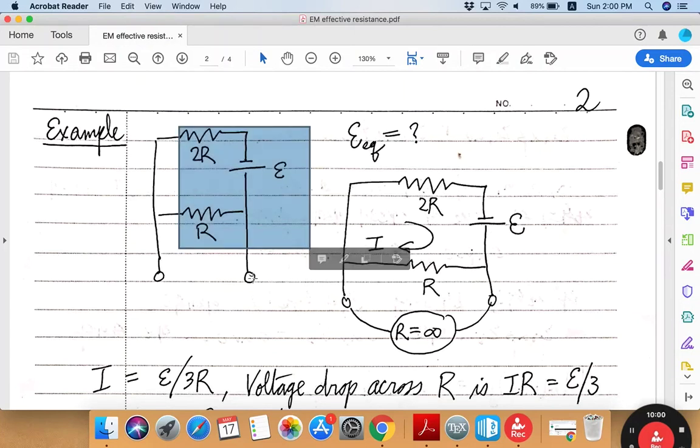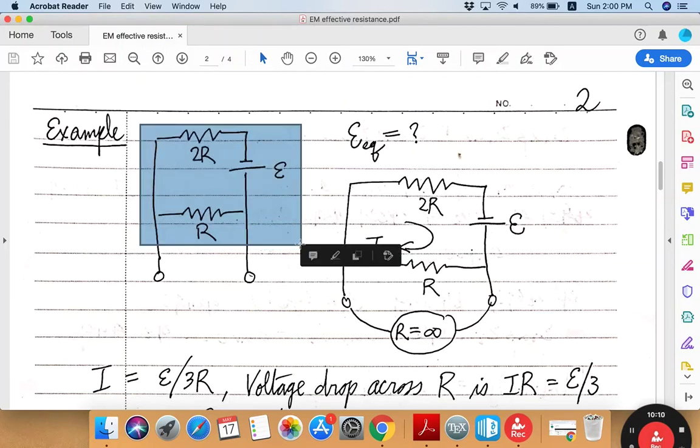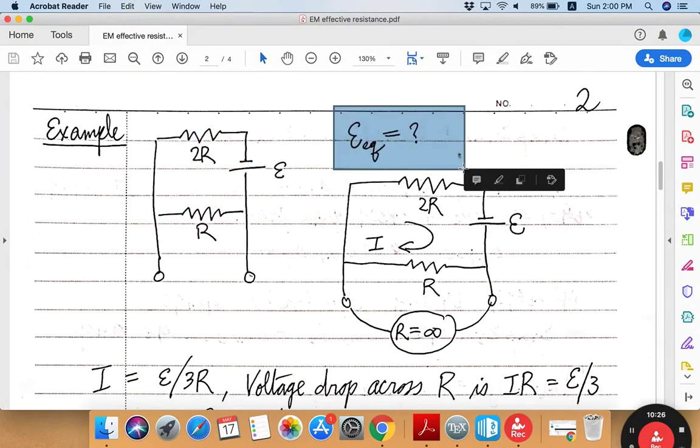Then the question is, if you want to calculate the effective electromotive force or effective voltage of this entire circuit as they are connected through these two ends, what is that value? Okay, that's the question.